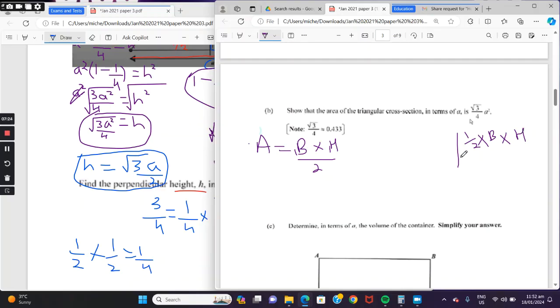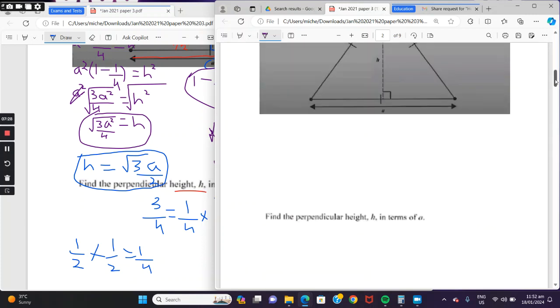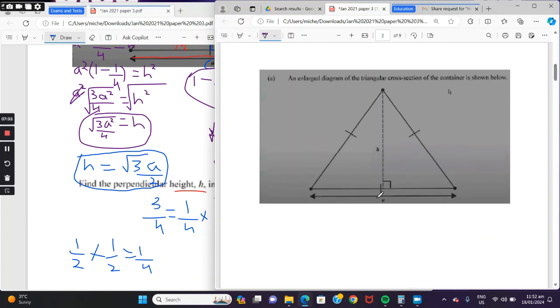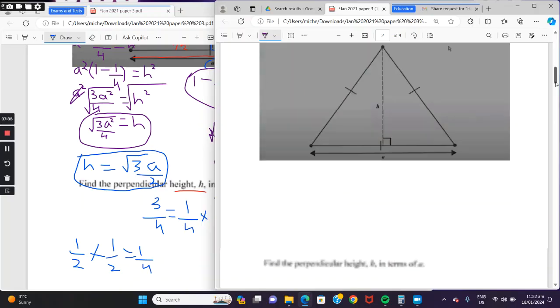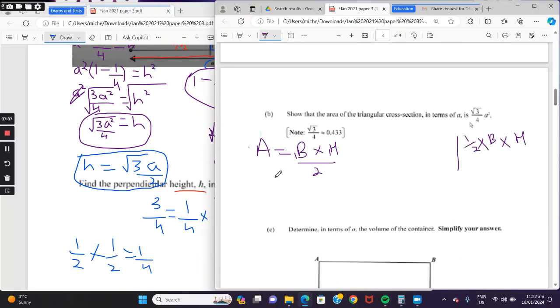Okay, so do we know the base? They said the base is a, so we can replace the b with a. The height, we just found the height, so multiply by the height, which, I use the reduced version, is the root of 3 a over 2.